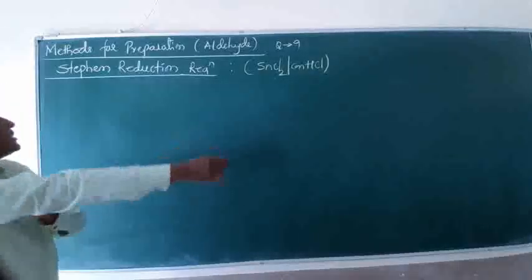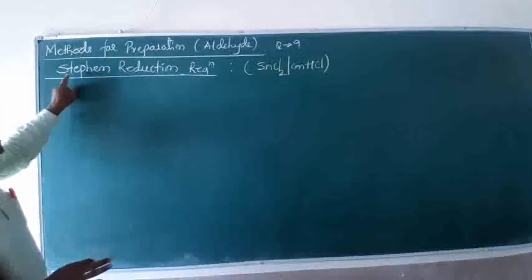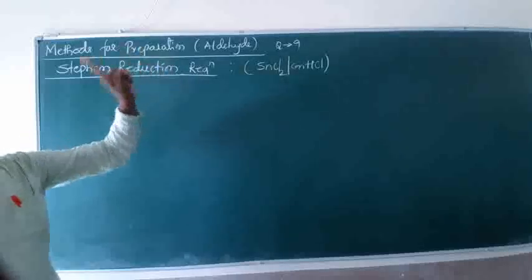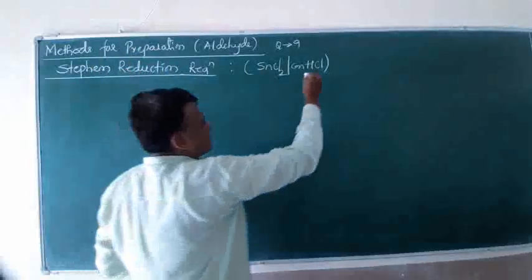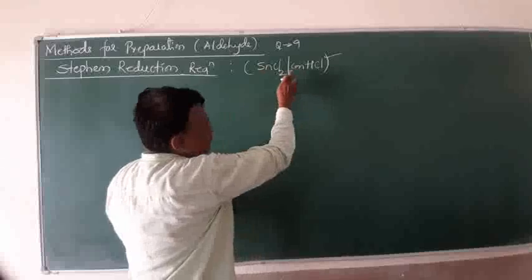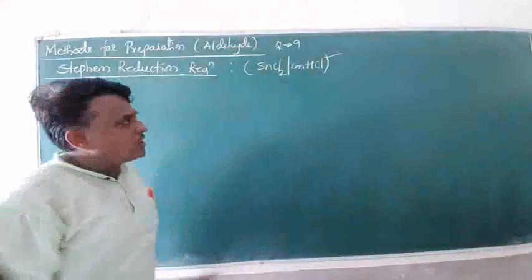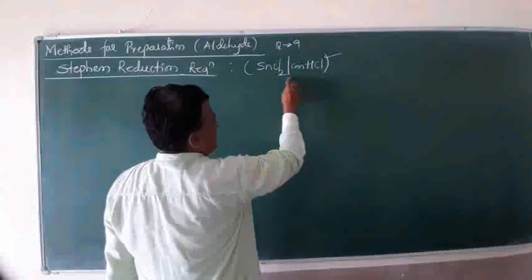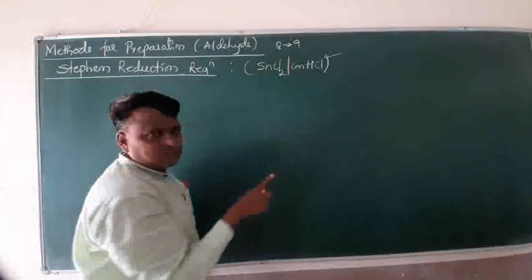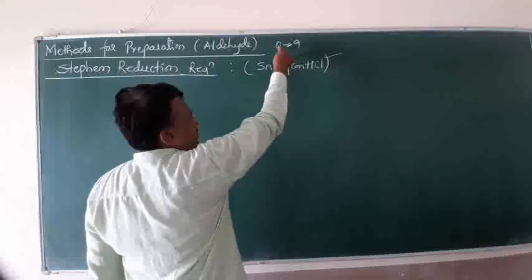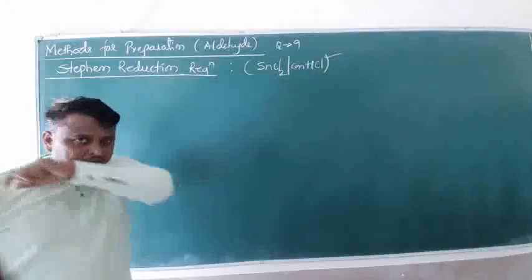Let us begin with the first important reaction, Stephen's reduction reaction. In this reaction, we use the reagent tin chloride with concentrated HCl. Keep in mind, tin chloride or stannous chloride with concentrated HCl, because it is a 1 mark question for question number 9.